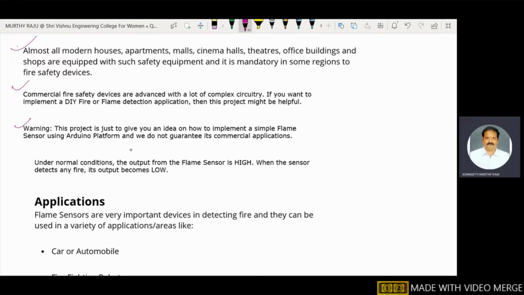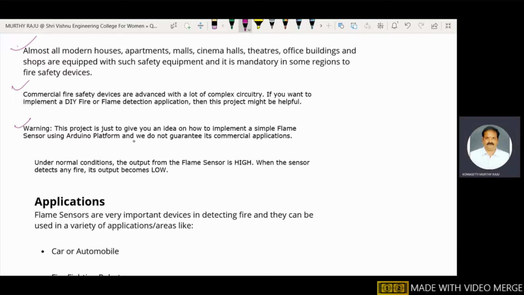Important warning here is this project is just to give you an idea on how to implement a simple flame sensor using the Arduino platform, and we do not guarantee its commercial applications. For commercial applications, we go for another technology. For simple demonstration with Arduino, we use this project.